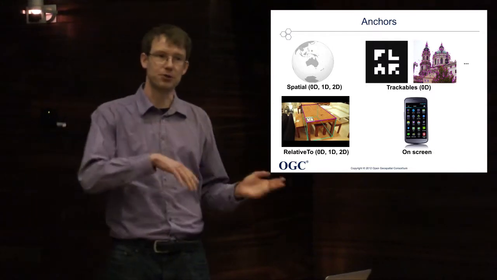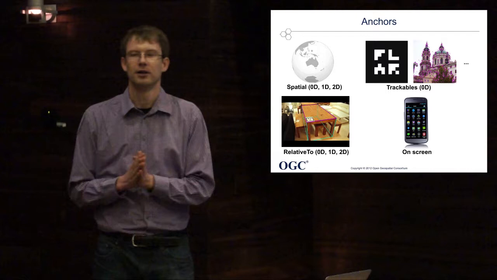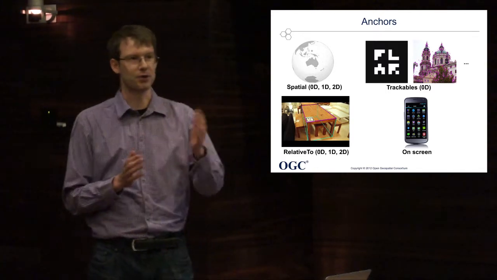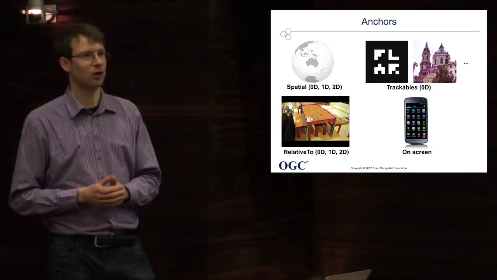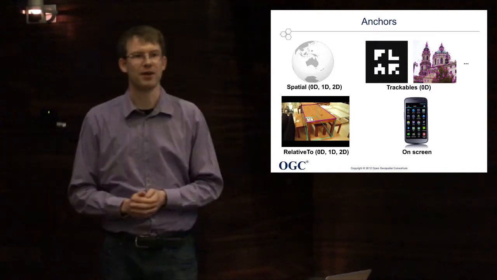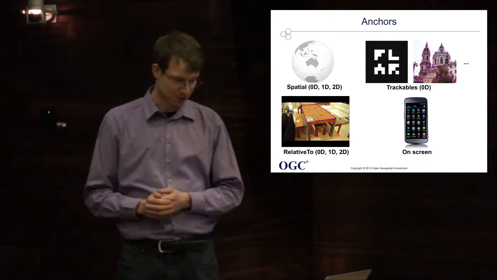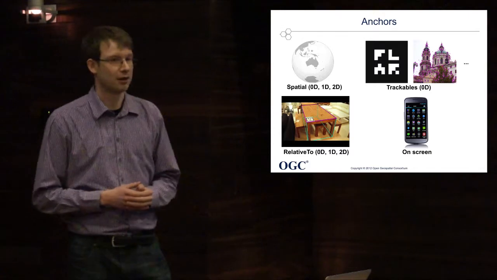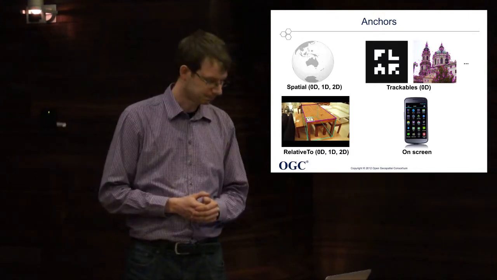You can also use various types of coordinate reference systems, whatever you want to specify. We're using GML, which already does a good job in allowing the description of various coordinate reference systems. So we are making good use of existing standards here.